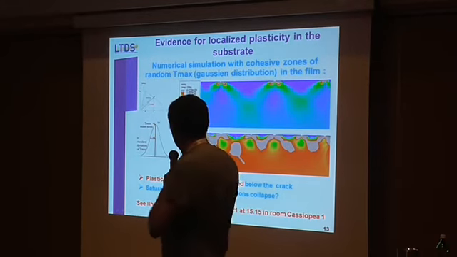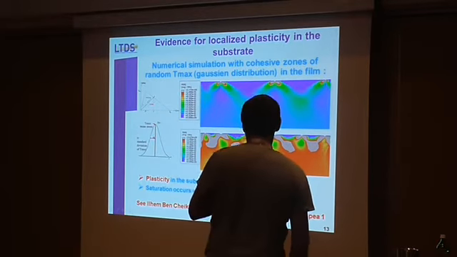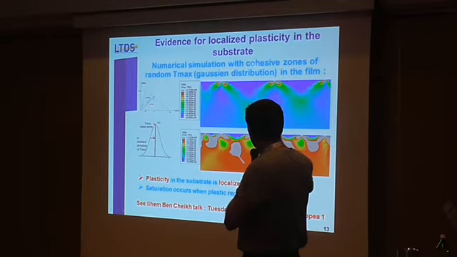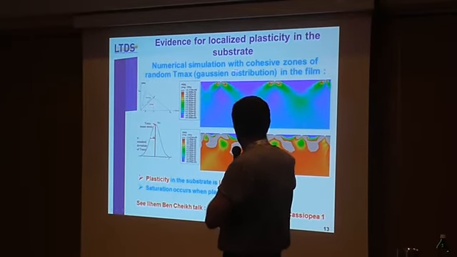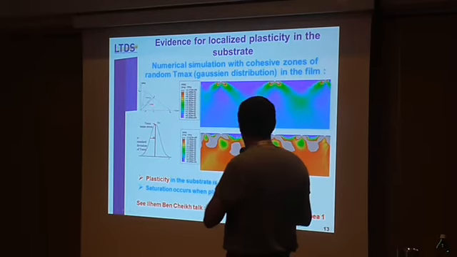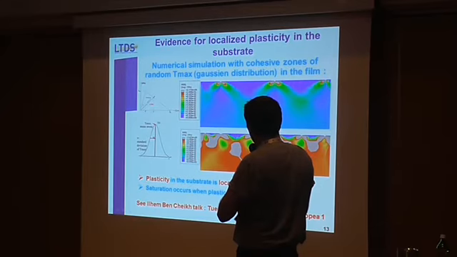The third and last evidence for localized plasticity is that we performed numerical simulation with cohesive zone models by introducing a random Tmax. We use a Gaussian distribution for Tmax in the field, and we observe plasticity that develops below the cracks.